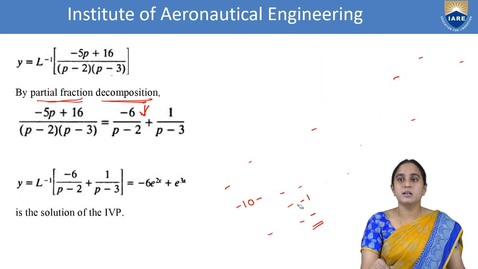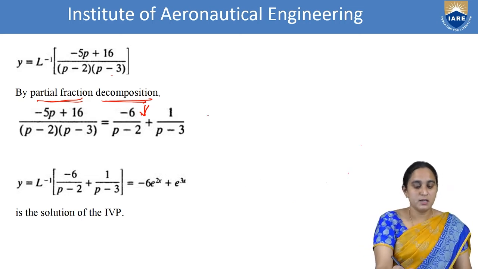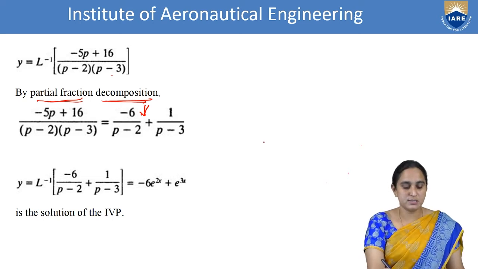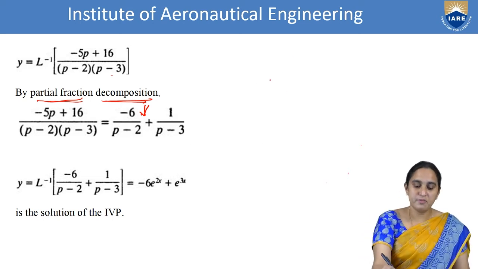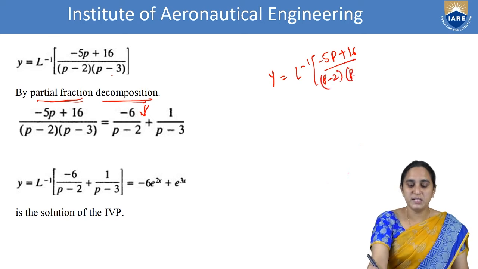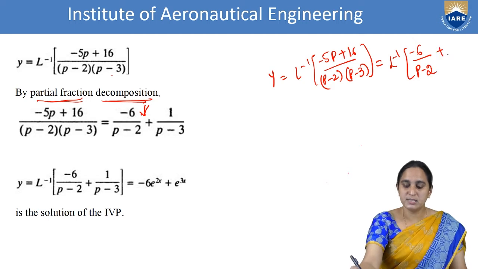Next steps: after writing that, y is equal to Laplace inverse of (-5p + 16) / ((p - 2)(p - 3)), which is equal to Laplace inverse of -6/(p - 2) + 1/(p - 3).